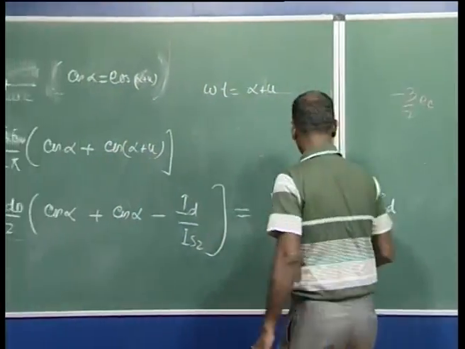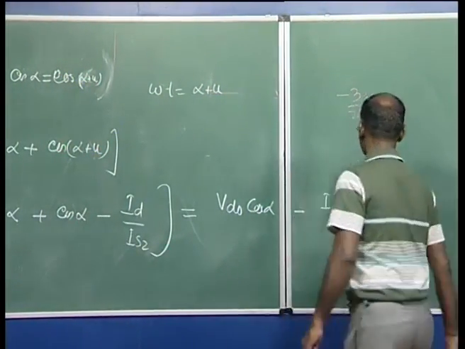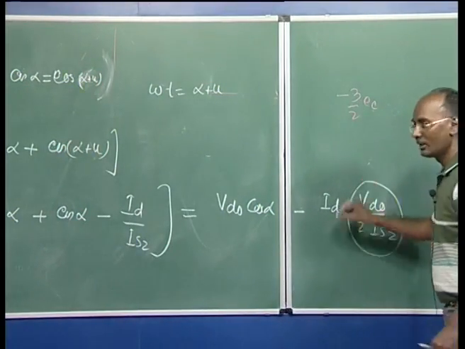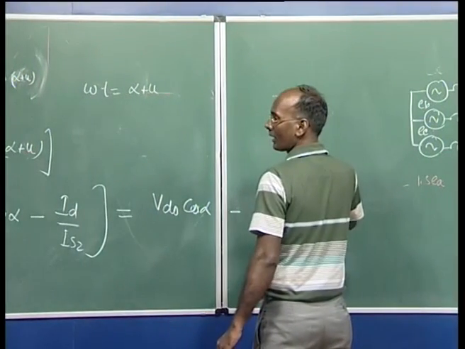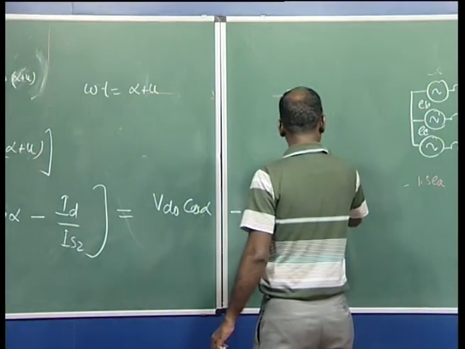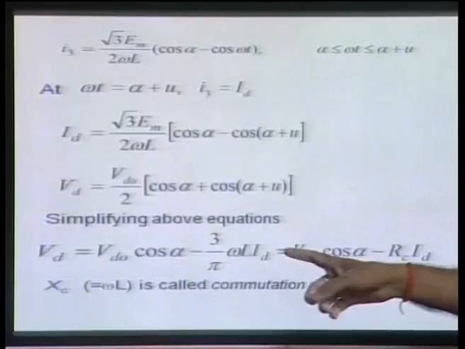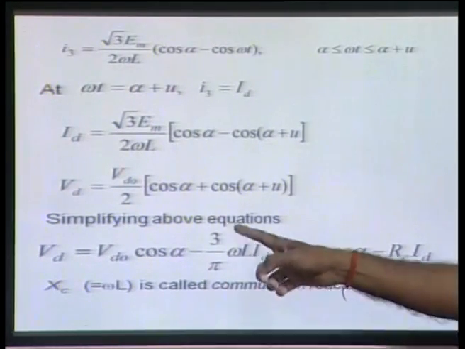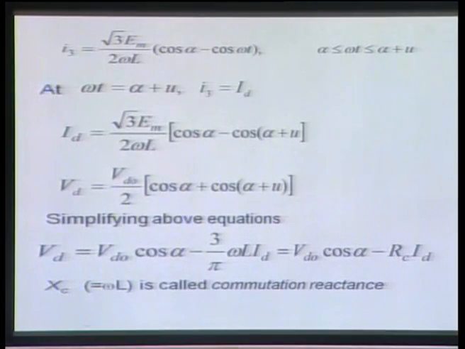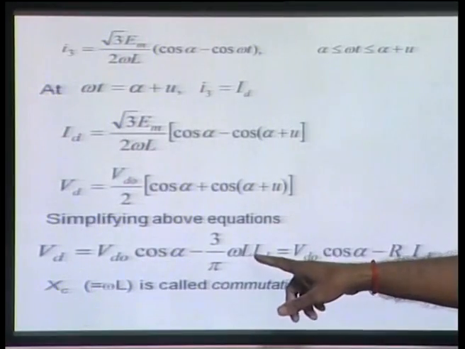Now, we have this VDO by 2 IS2, and this is nothing but equal to 3 upon pi omega L. Just you can see here we are getting this value, and this complete value is represented as RC, and that is called the equivalent commutation resistance. This RC arises due to the L value of this winding.